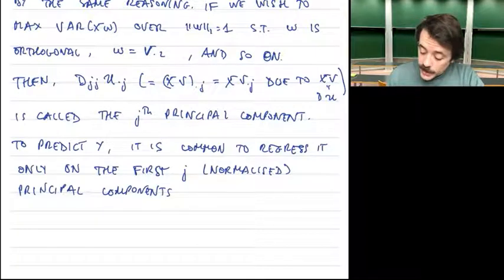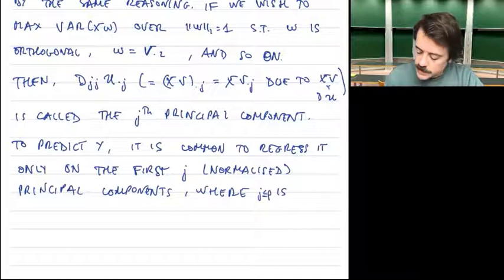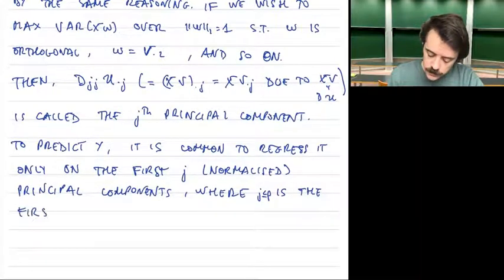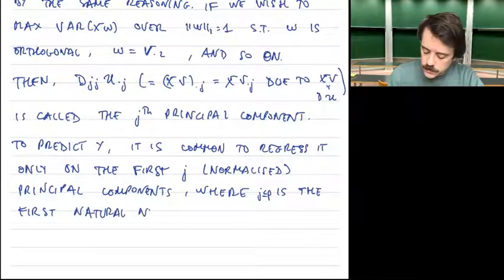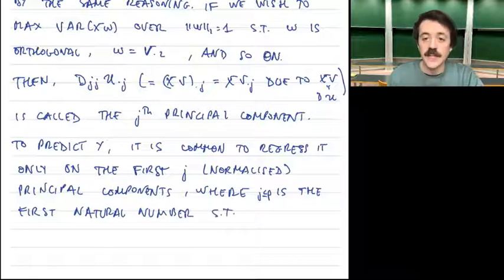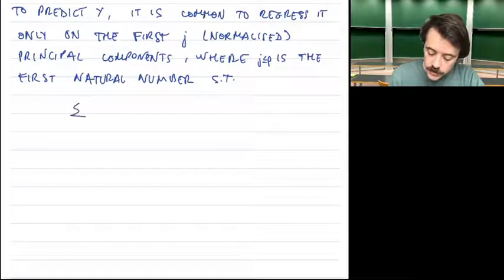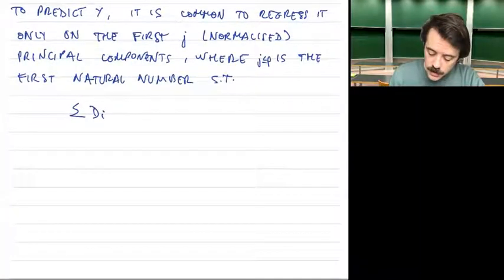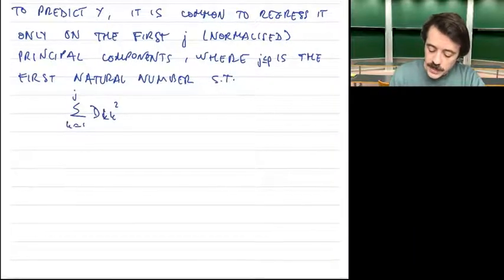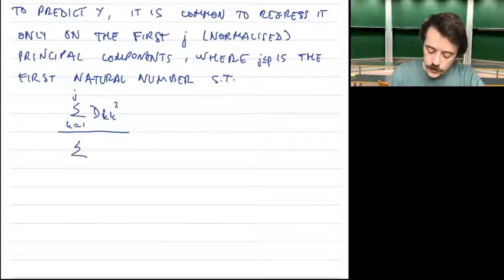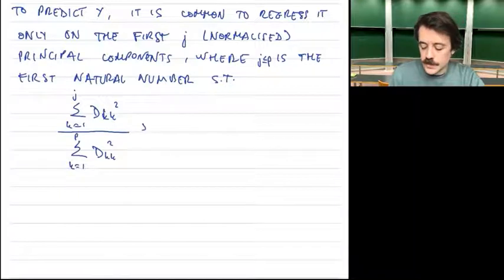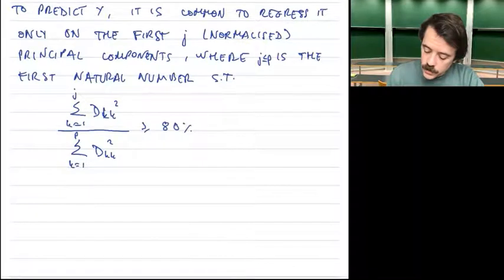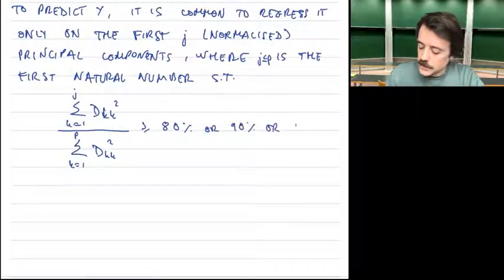Where j, which must be less than or equal to p, is defined as the first natural number such that the ratio of the variances up to j, or the proportion that they represent in the total variance, is greater than or equal to, say, 80% or 90% or 95% typically.